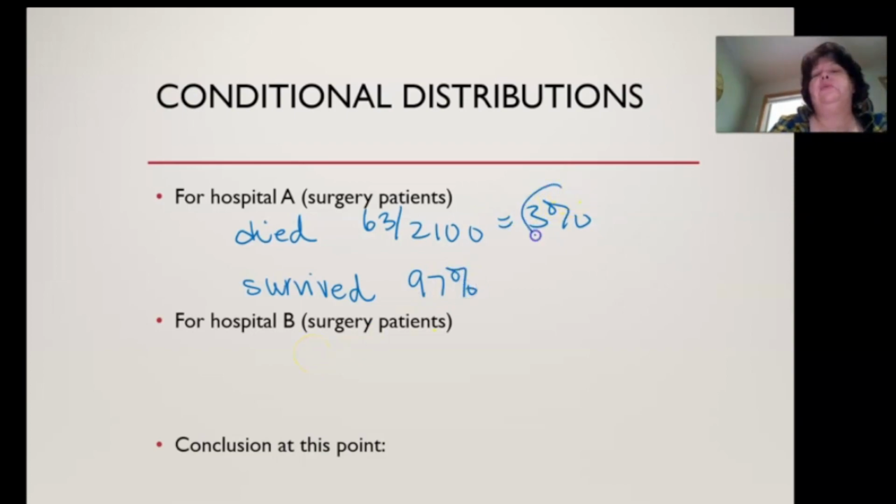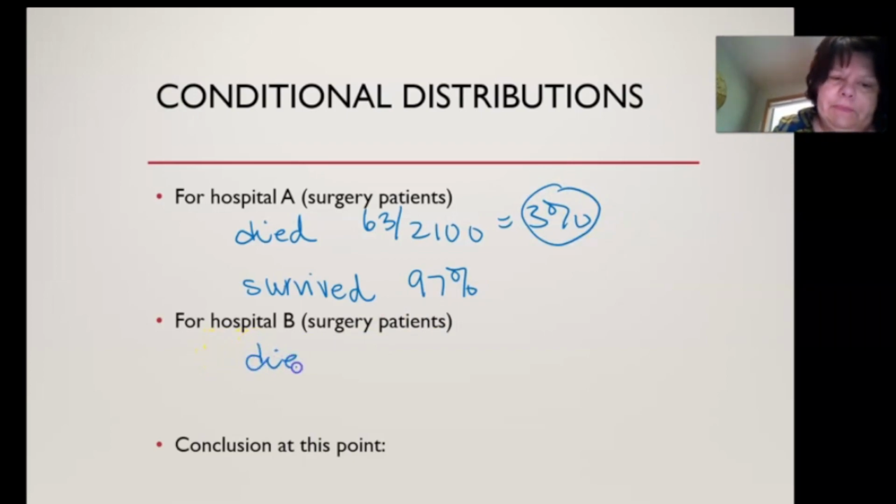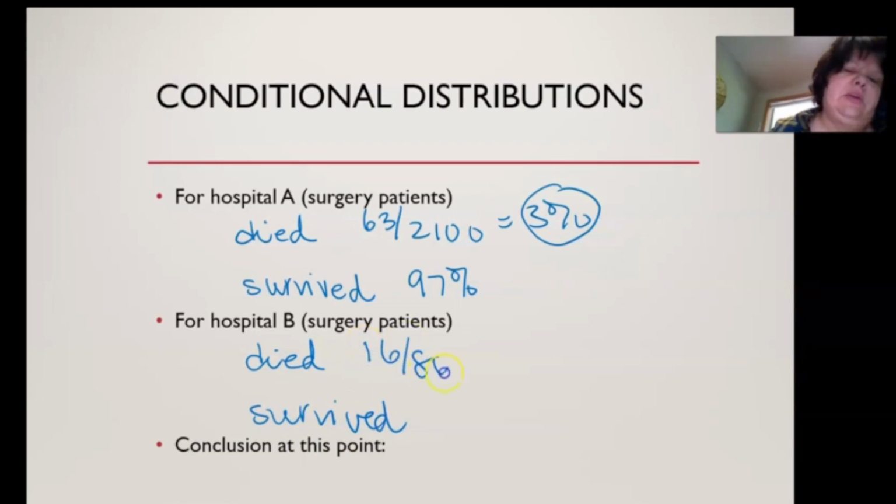We're really mostly interested in the death rates here. For hospital B, we have died, survived, and they only had 16 deaths, but they only had 800 people too. That was 2%. And then survival has to be 98%.